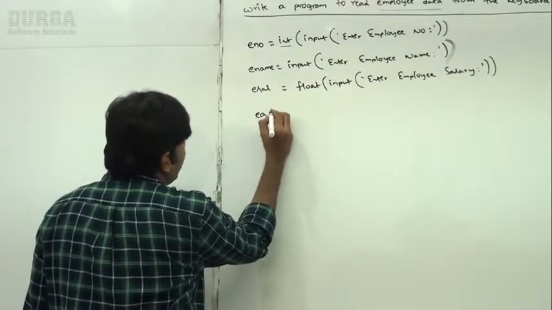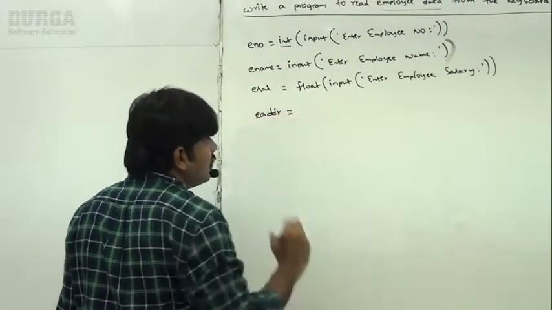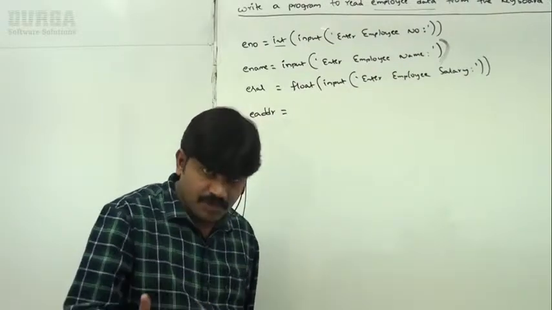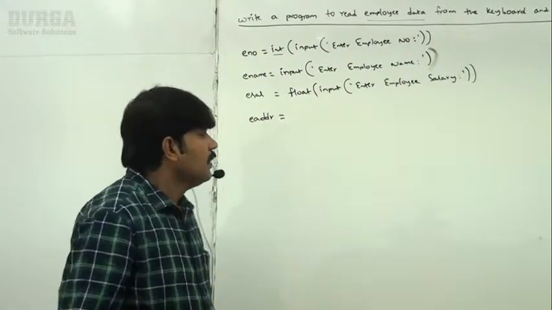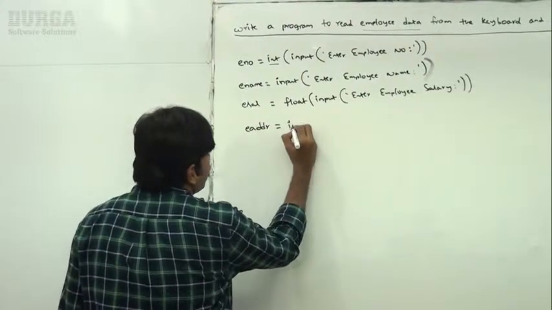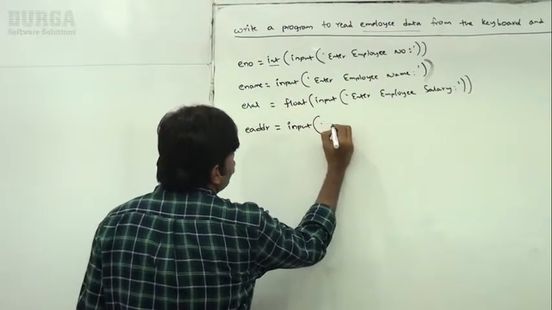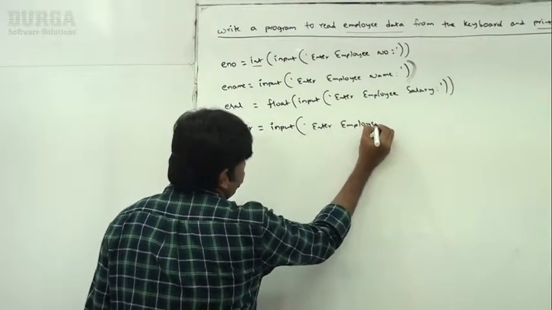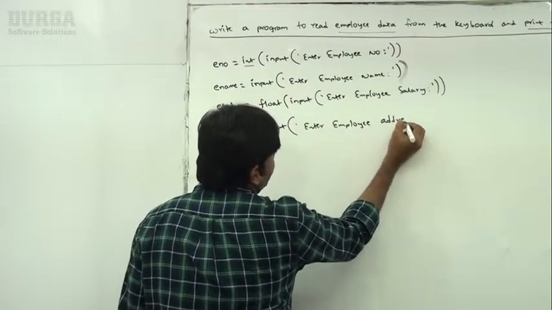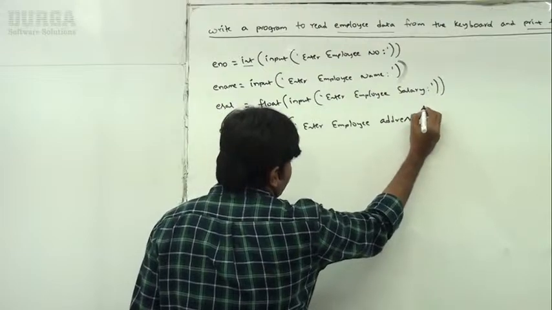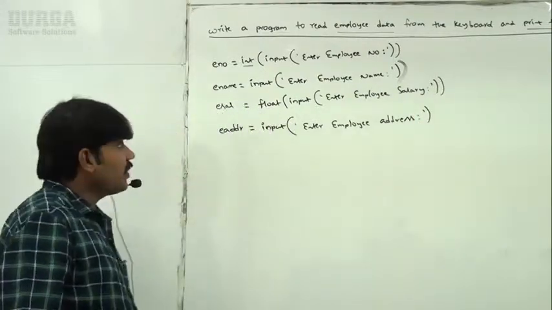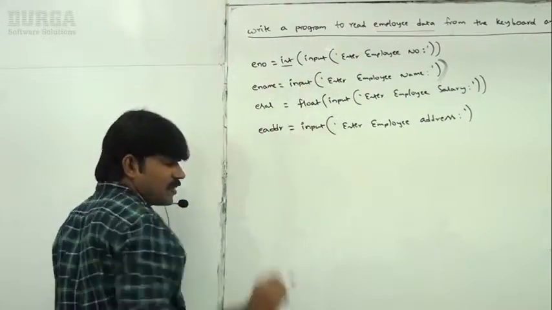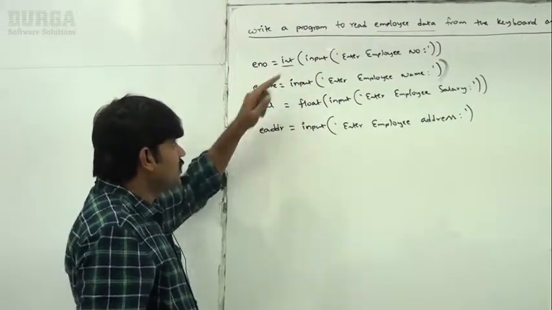Next, address, right? Sir, have you remembered? Address is always a string type, maybe Hyderabad or Bangalore or Chennai. Now I'm taking input of "Enter employee address", maybe city. Here I want to consider only city. Now have a look once. If it is employee number, int type, compulsory we require a typecasting function.